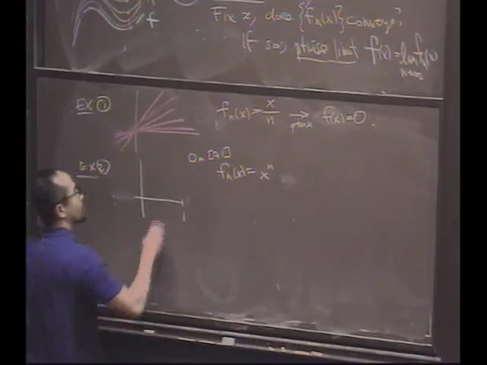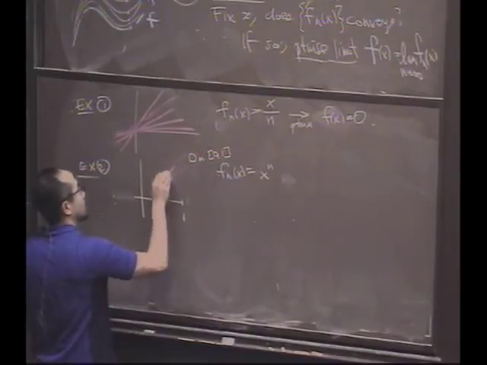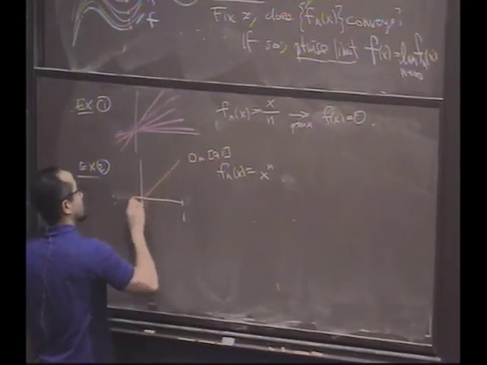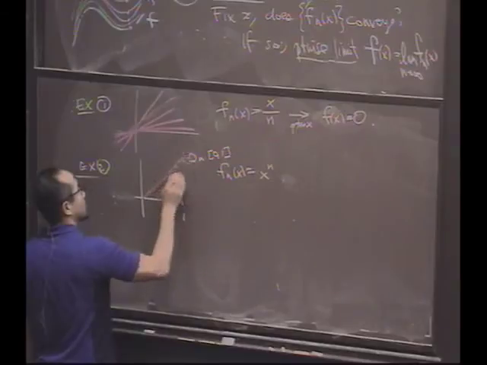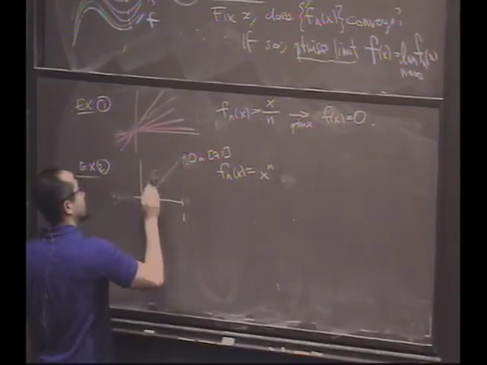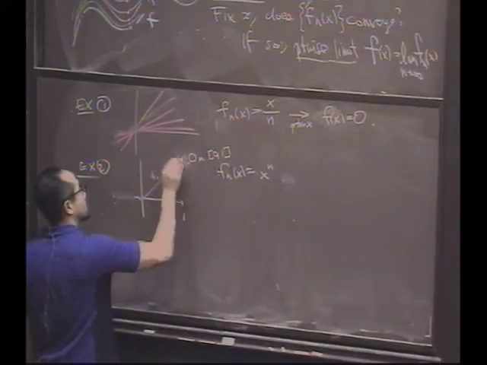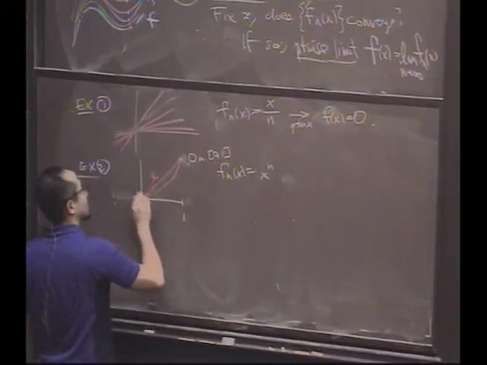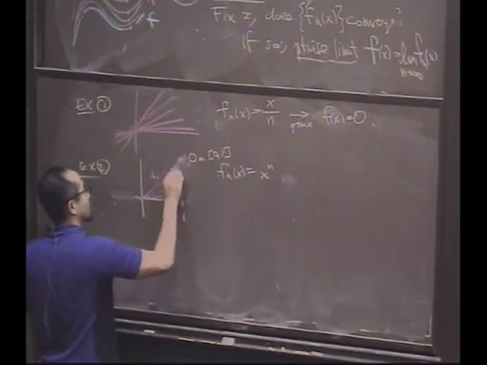Let's see. What is f1? X, yes? What's f2? X squared. What's f3? X cubed. What's f4? X to the 4th, etc.